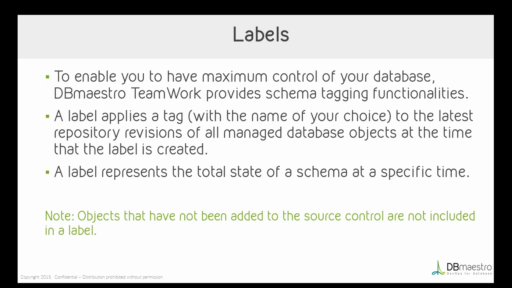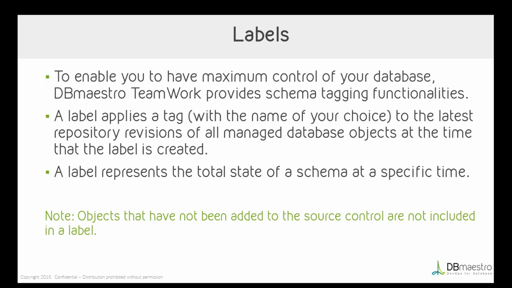That way, if you ever want to deploy those specific changes, you have that label to represent that specific revision of those objects. Usually you would add a label that indicates the version of the changes. If you're tagging your application code by sprint or by version, you can tag the database changes the same way.